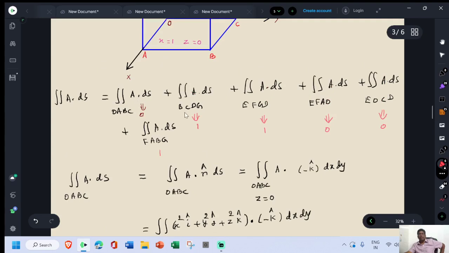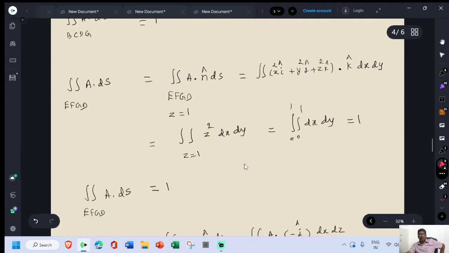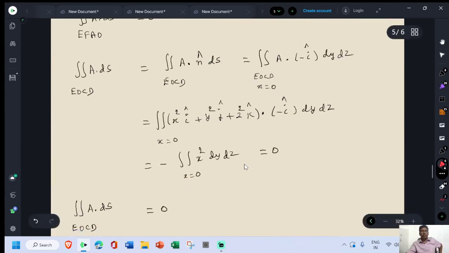First integral is 0, second integral is 1, third integral is 1, fourth integral is 0, fifth integral is 0, but the sixth integral is 1. If you add all these, we get the value of the double integral of A dot dS equal to 3.